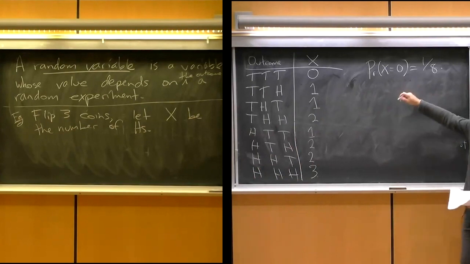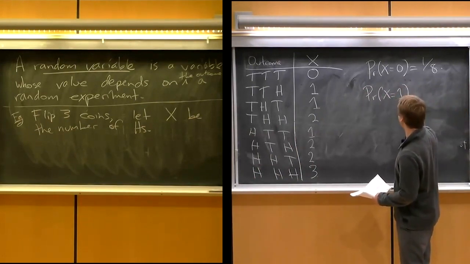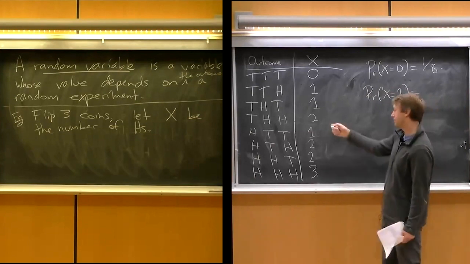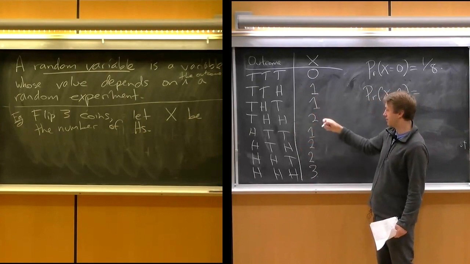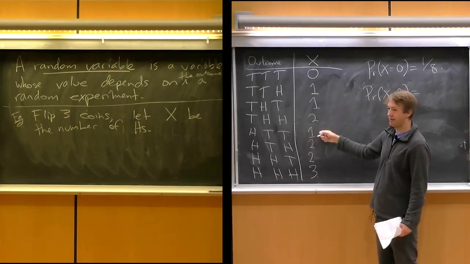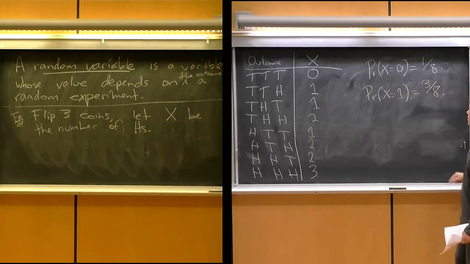Okay, so if, for example, I was doing the probability x equals 1, basically, again, all these things are equally likely. There are 3 of them that have that value for x. So you should get like 3 over 8.